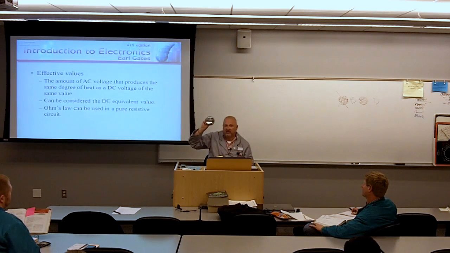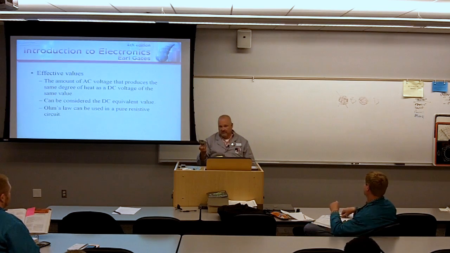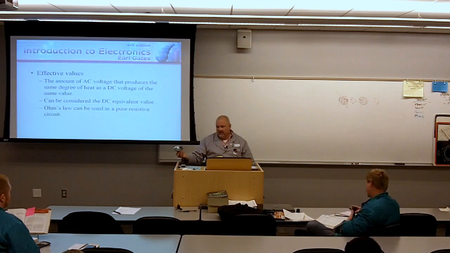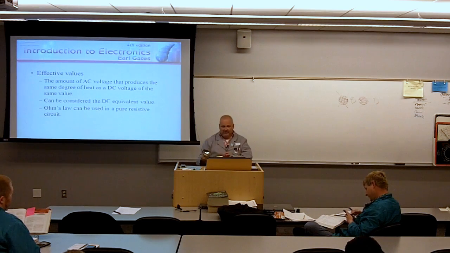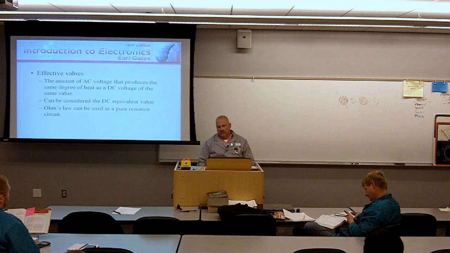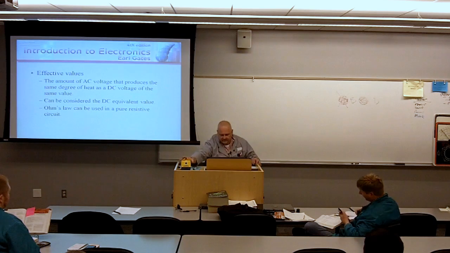When I apply 13 volts AC RMS to it, it's going to be this bright and this hot, exactly the same. This is an ideal example of a resistive load. It'll behave the same in DC and AC effective applied to it. Exactly the same. So it can be considered the DC equivalent value. When we use that DC equivalent value, Ohm's law can be used in the circuit. Straightforward. E equals I times R, just like what you've been doing, with no modification.